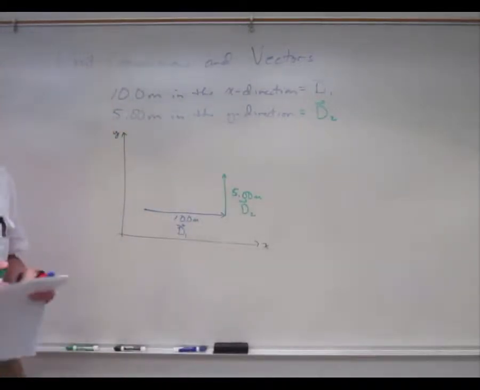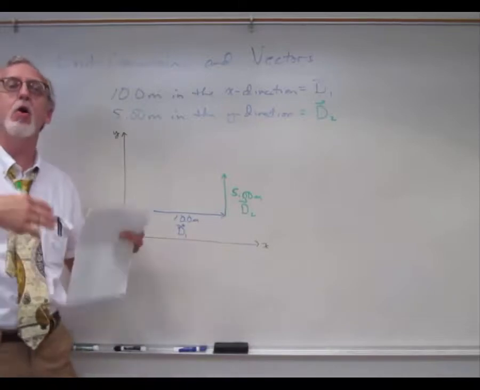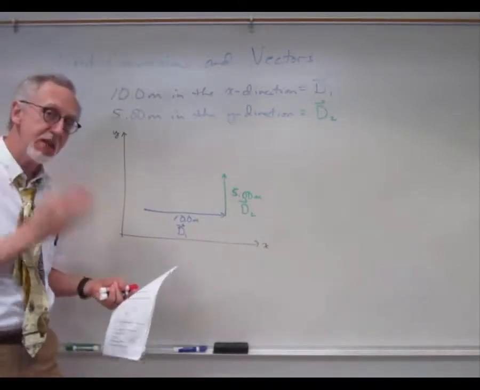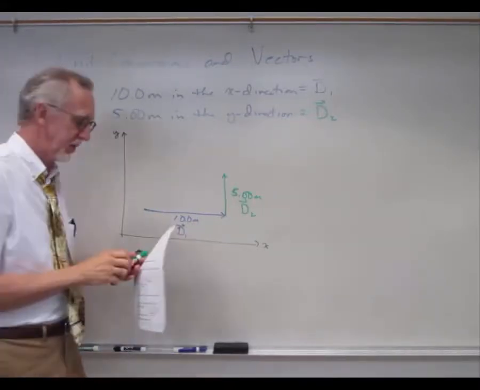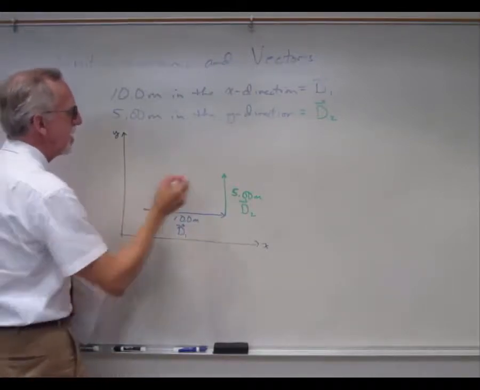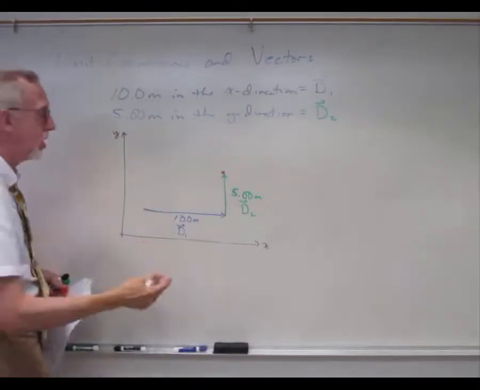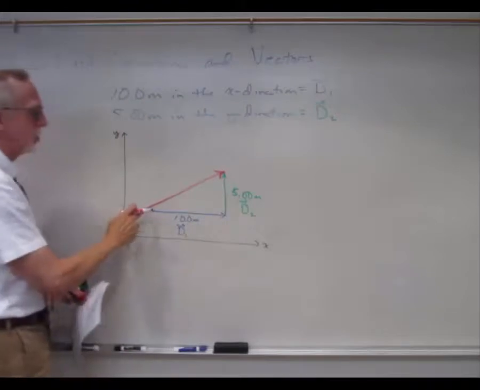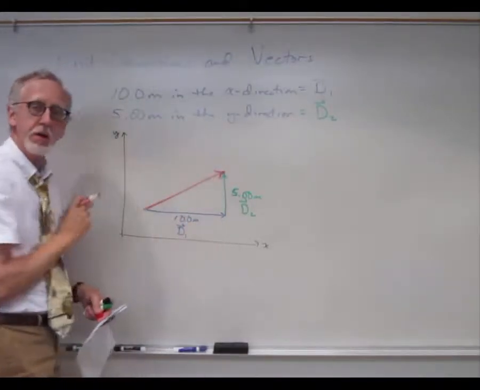So my question is, what vector could we use to describe our overall displacement? In other words, what vector goes from the initial point where we started to our final point where we ended up? Well, we started out at this point, and we ended up at that point. So the vector that describes the overall displacement would look like that. It goes from our initial point to our final point over here.